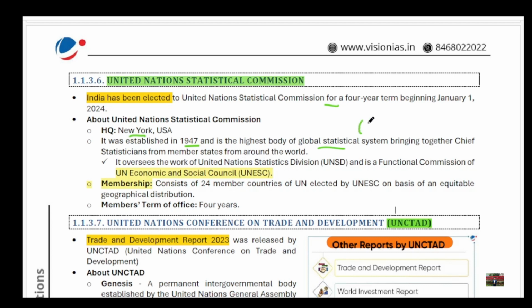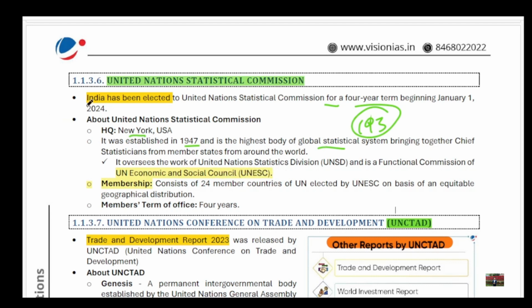So if there are 193 countries, the chief or most important statistician of all the member countries will be part of the United Nations Statistical Commission, to oversee the work of the United Nations Statistics Division, and it is a functional commission of the UN Economic and Social Council.